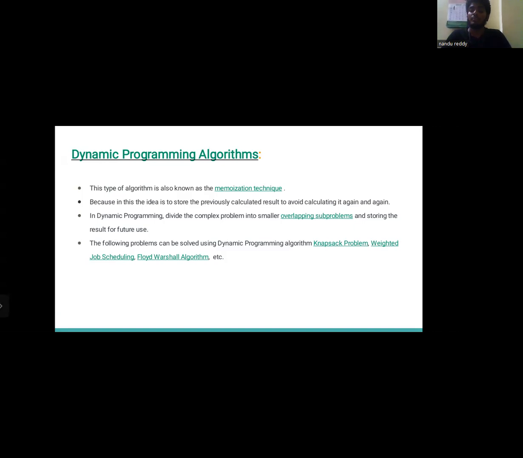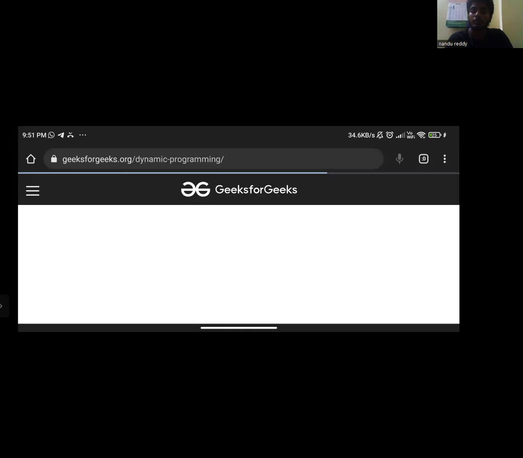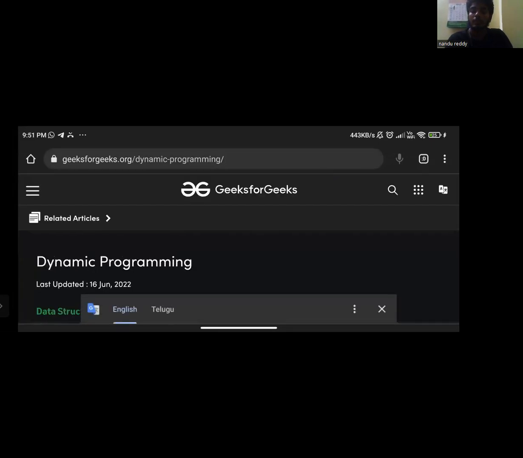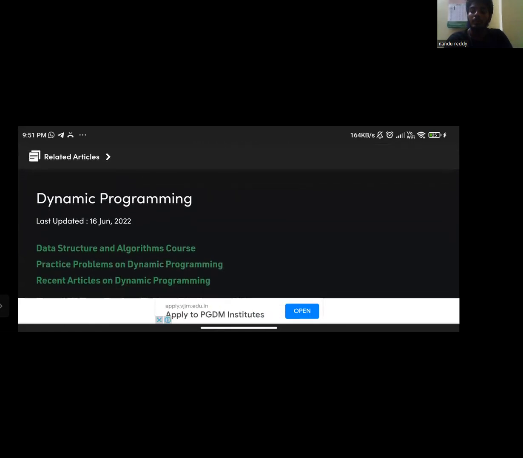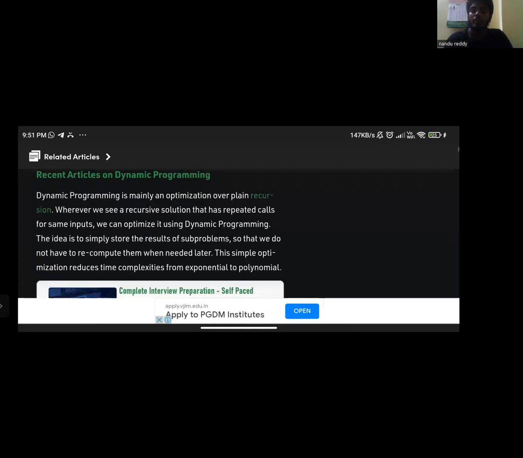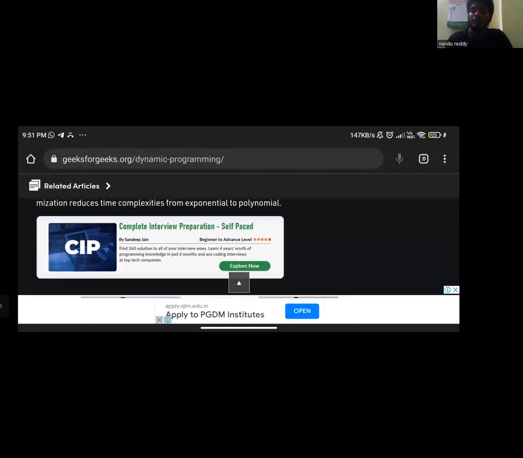The following problems can be solved using dynamic programming algorithms: knapsack, weighted job scheduling. All these are examples of dynamic programming algorithms.